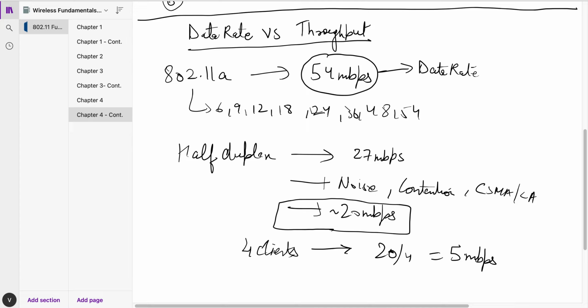And it's both ways, so when it's half duplex, it becomes half of it. Then some contention, noise in the spectrum, and CSMA/CA happening make it approximately 20 to 21 Mbps that the client is able to get out of an AP. Now if we have four clients, five clients, 10 clients, that 20 Mbps will be shared among those clients, depending on the capability of the client. That is very, very important.